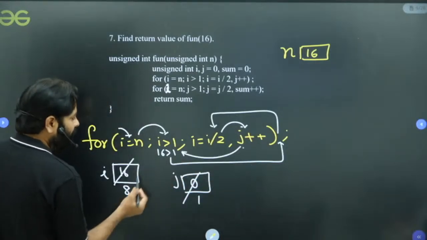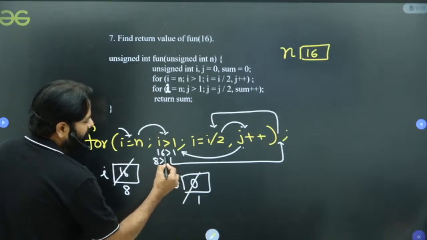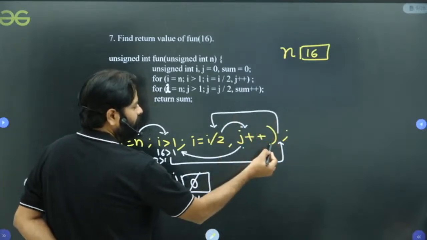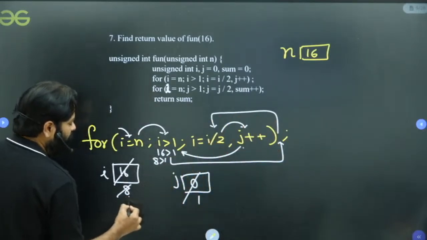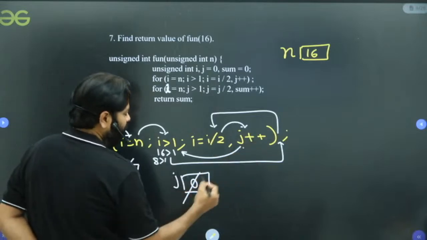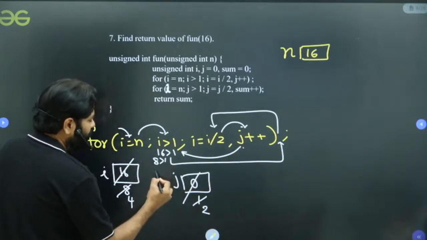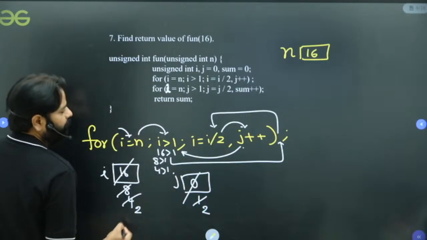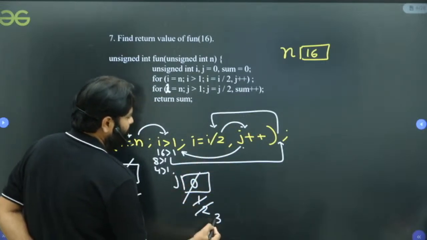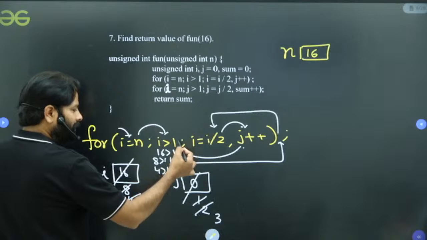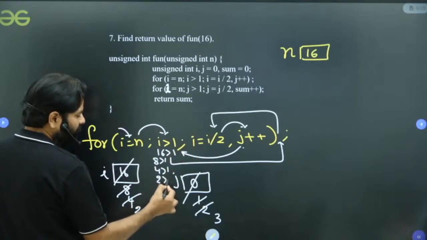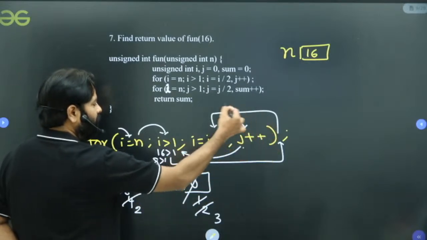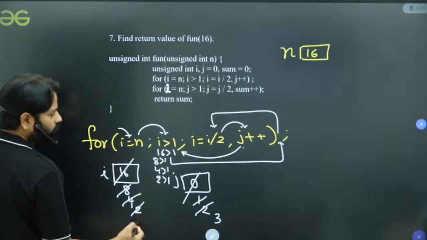Now the i value is 8, 8 greater than 1 and it repeats, correct? Nobody was there, it repeats, 8 by 2 is 4 and j increments to 2, and 4 is greater than 1, again repeats, 4 by 2 is 2 and j increments to 3, and again it comes here, 2 is greater than 1, so again goes inside, nobody is there and 2 by 2 is 1 this time, right?